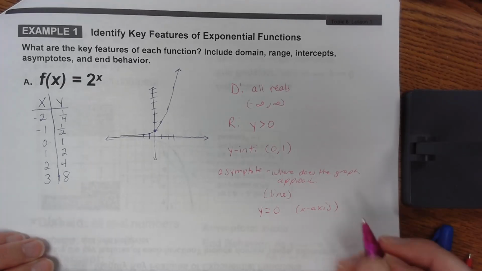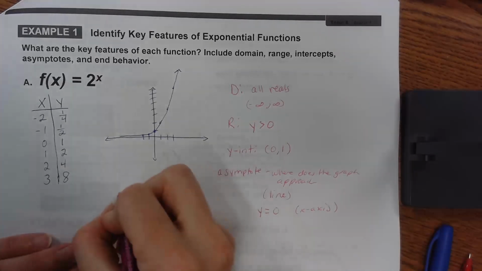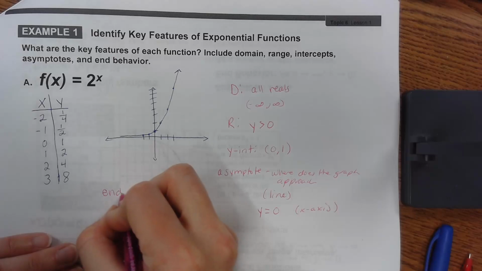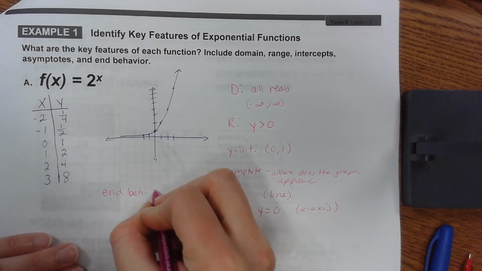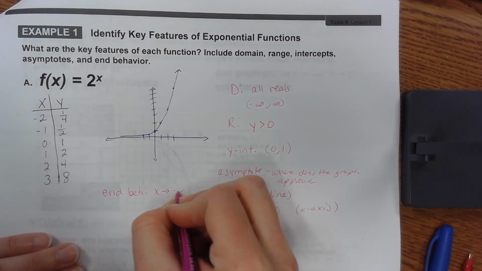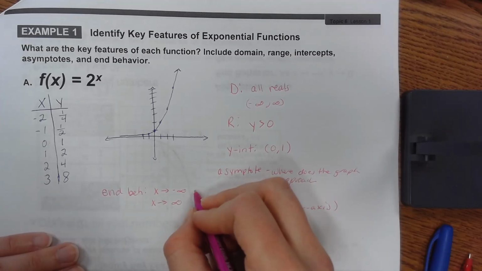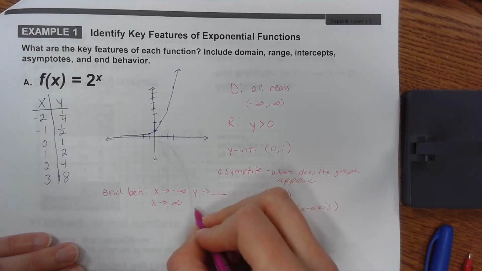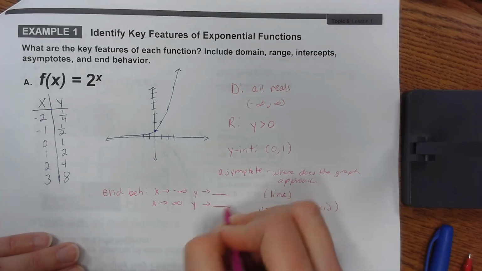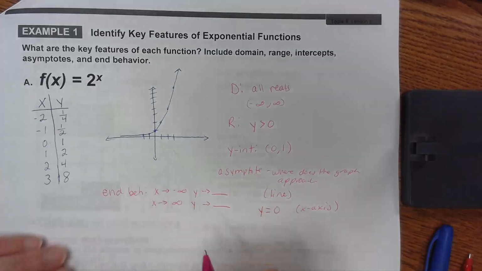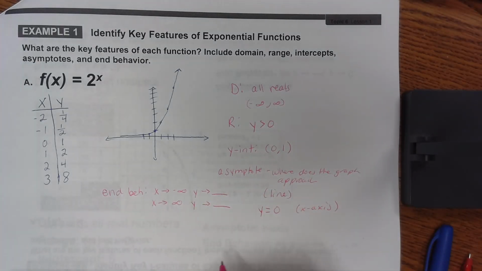Okay, and lastly, we have our end behavior. We worked on this a little bit earlier. Remember, it's always x goes to negative infinity and x goes to positive infinity. Then where does y go to? And then we're going to do the same. And so it's those two.